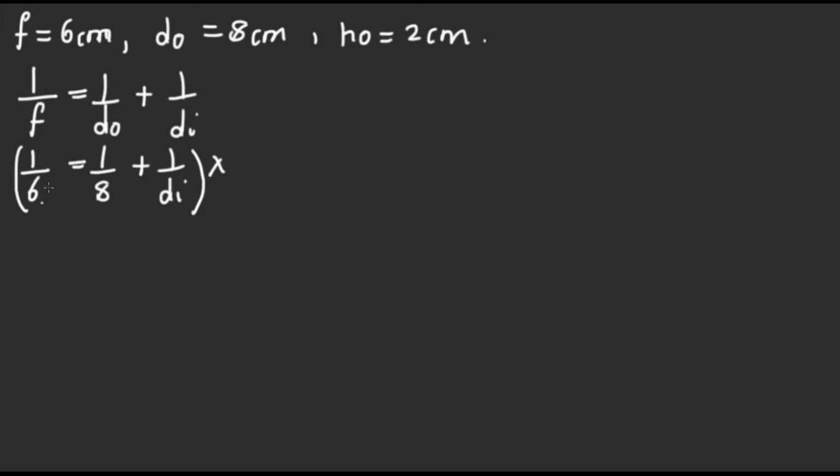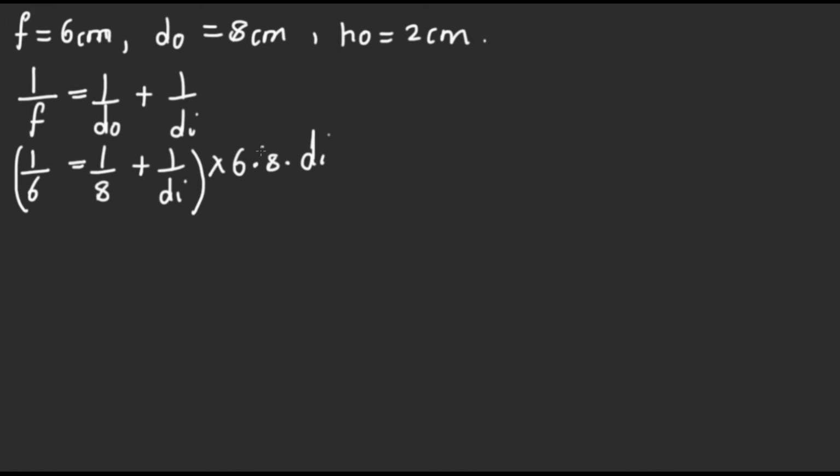The common denominator of 6 and 8 is 6 times 8, which is 48. But instead of writing 48, I'm just going to write 6 times 8 times DI, so as you can see, I'm multiplying everything by this part here.